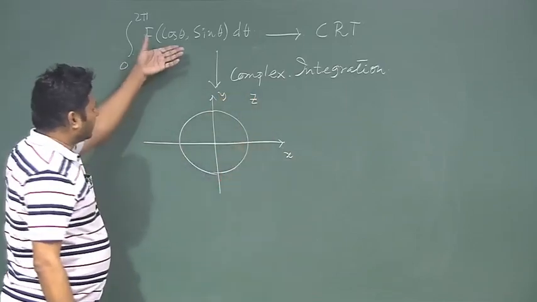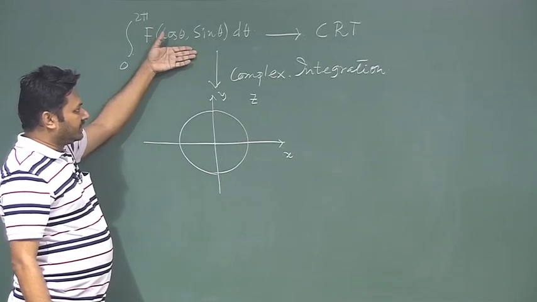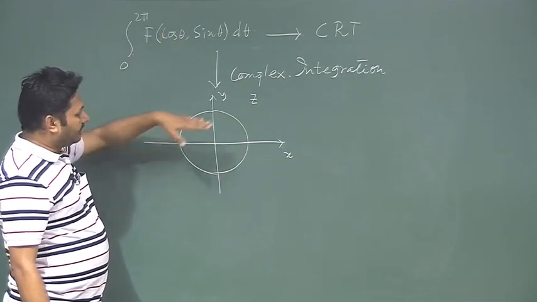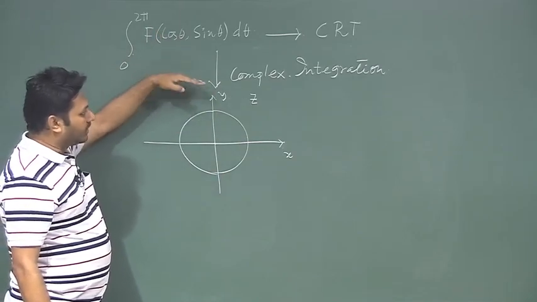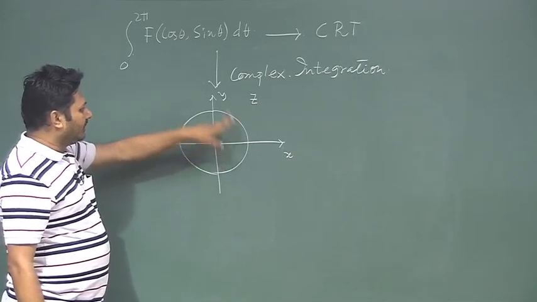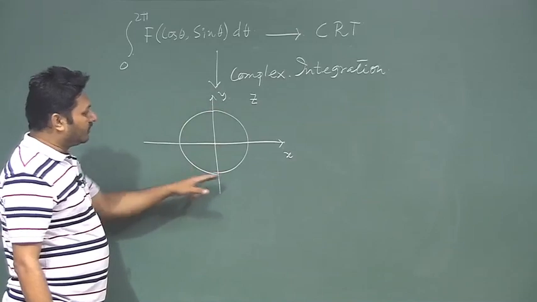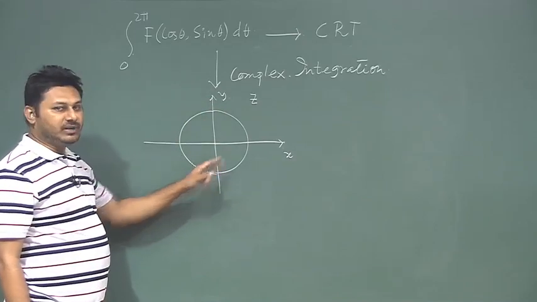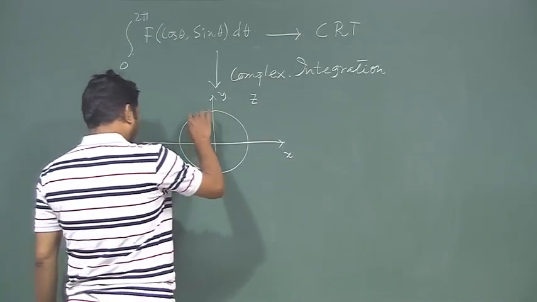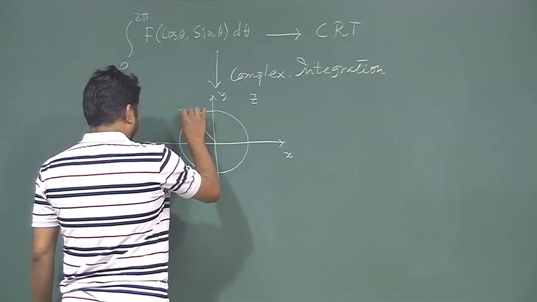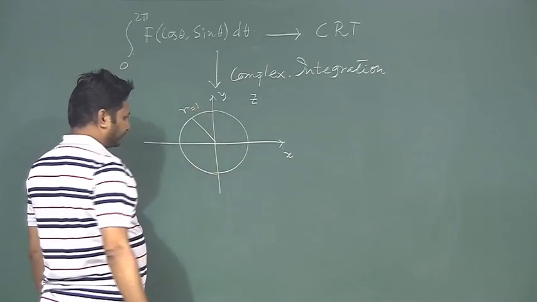So, I try to convert whatever function is given to me in terms of a complex variable. To do that, I need to do the integration over some region, so I take the region invariably as a unit circle. That means the radius here is 1.